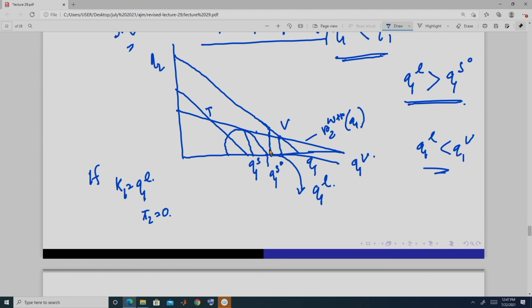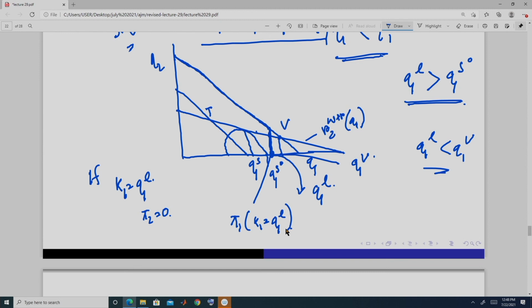So, the outcome is, this is the reaction function of firm 1, right. So, firm 2 doesn't enter, and the reaction function is this. So, the outcome is this. So, this is the profit point of firm 1, when it produces K1 equal to this.